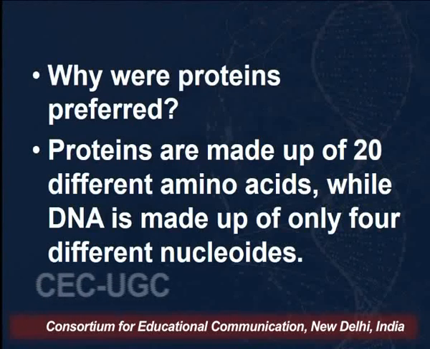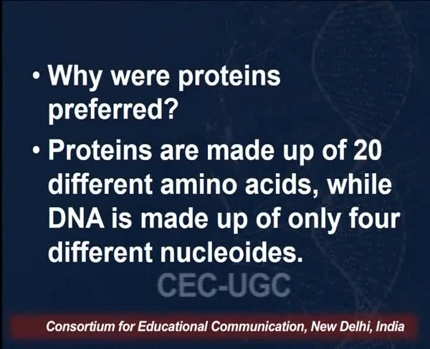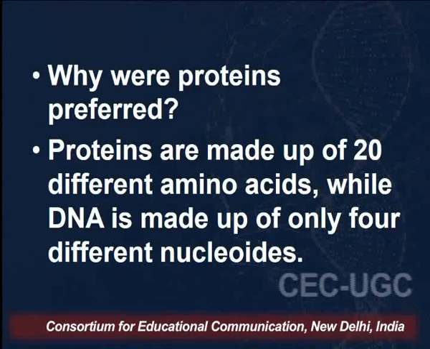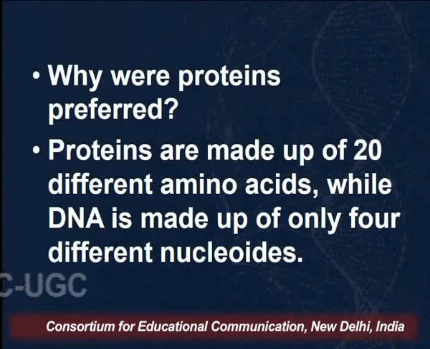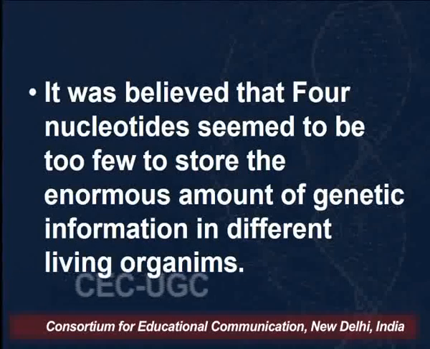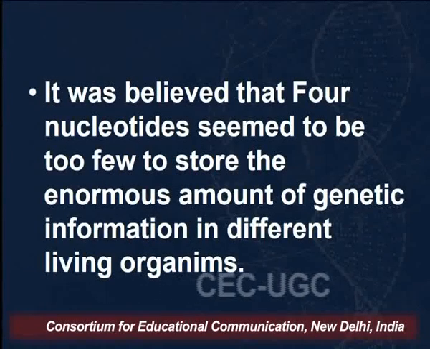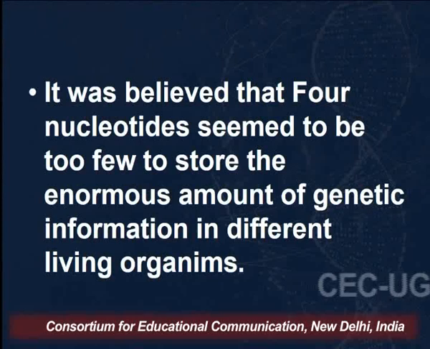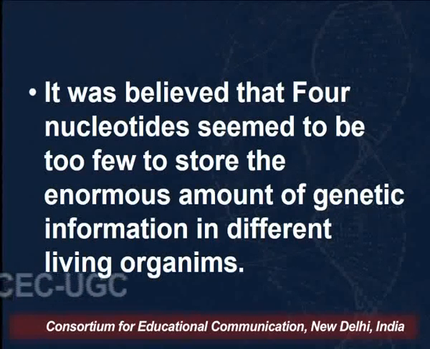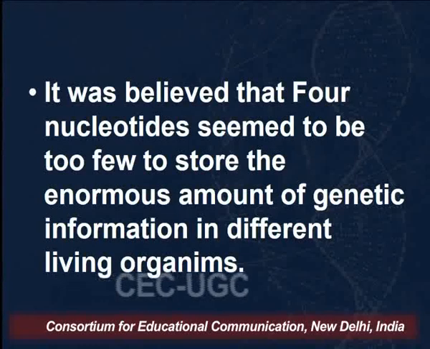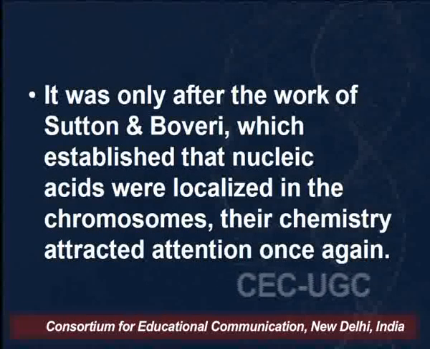Because proteins are made up of 20 different amino acids, while DNA is made up of only 4 different nucleotides. It was believed that 4 nucleotides seemed to be too few to store the enormous amount of genetic information in different living organisms.